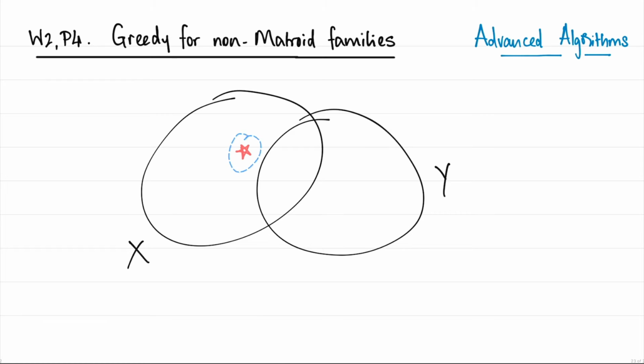Okay, so that's what it means for this family to violate the exchange property.